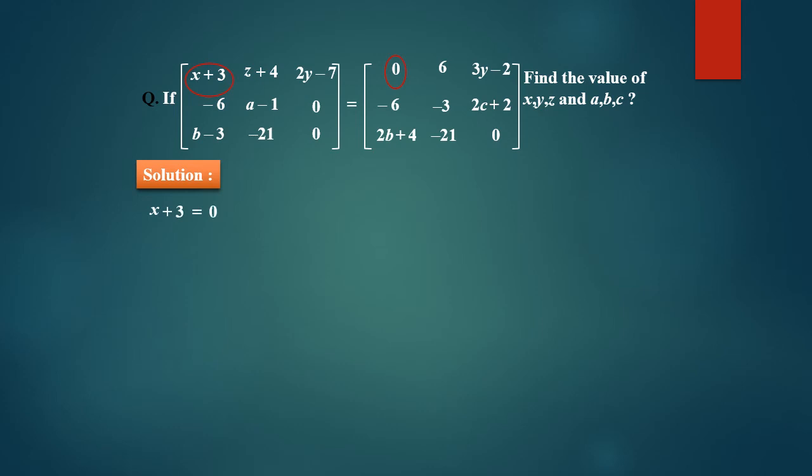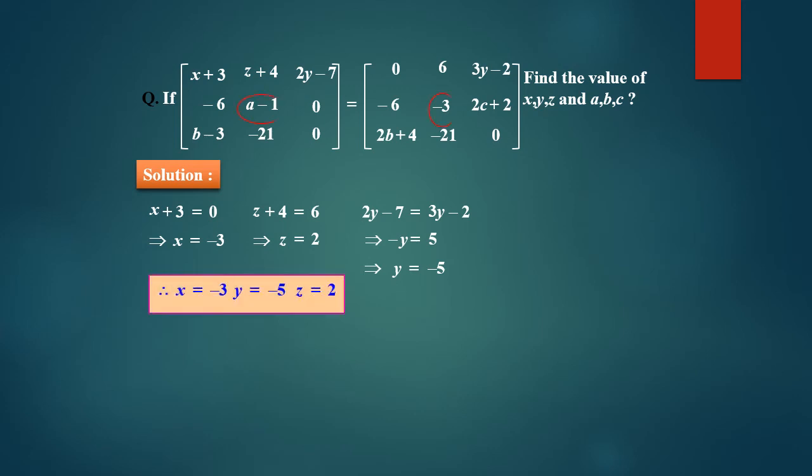First we equate the first element, x plus 3 equal to 0. We get x is equal to minus 3. Second, z plus 4 is equal to 6. So z is equal to 2. Next, 2y minus 7 is equal to 3y minus 2. On simplifying, we get minus y equal to 5, or y is equal to minus 5.